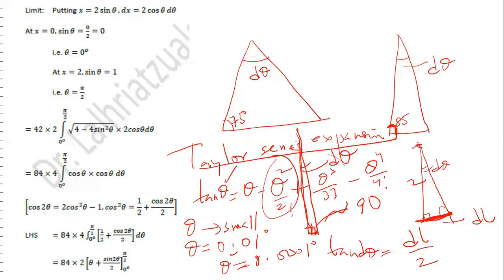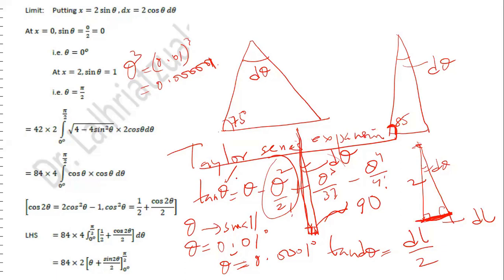What will be theta cube? If you take 0.01 to the power 3, this will be 0.000001. So this theta cube term, theta square term, theta to the power 4 term, they are very small, so they can be neglected for small angle approximation.